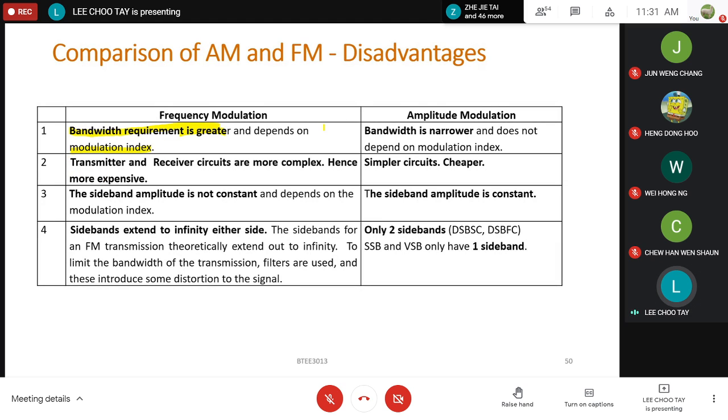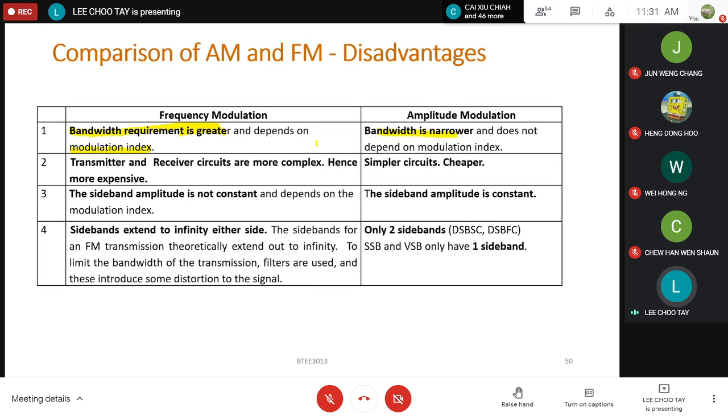For amplitude modulation, the bandwidth is narrower, isn't it? Because for AM, your bandwidth is just 2 times the highest frequency in the baseband signal, whereas for FM, the bandwidth depends on your modulation index.